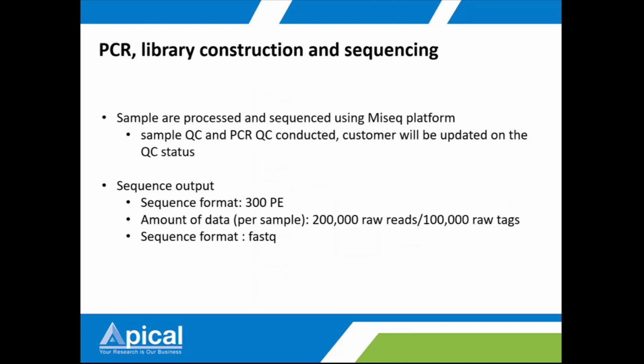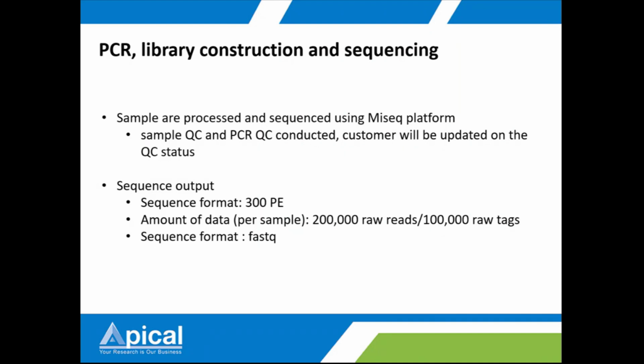All right. For our sequencing process, covering PCR, library construction and sequencing, our standard process is that we first do a QC on the sample. Once you send your sample to us, we check whether it achieves the OD 260/280 of 1.8 to 2.0, and whether we have enough DNA. Once that QC is passed, we can do the PCR QC, to check whether the sample sent to us can be used for the PCR process.